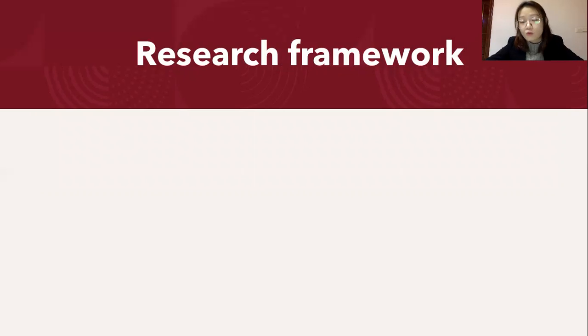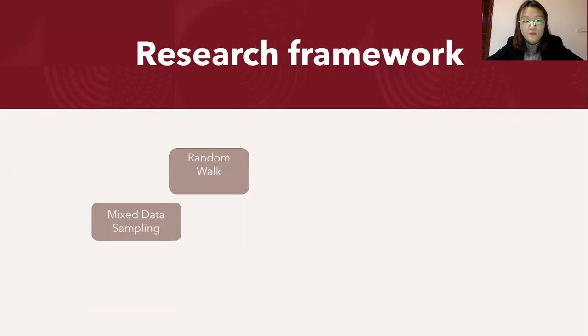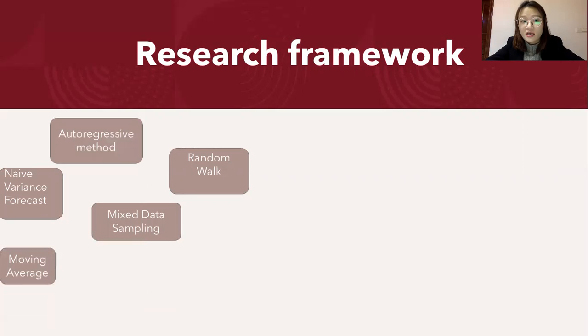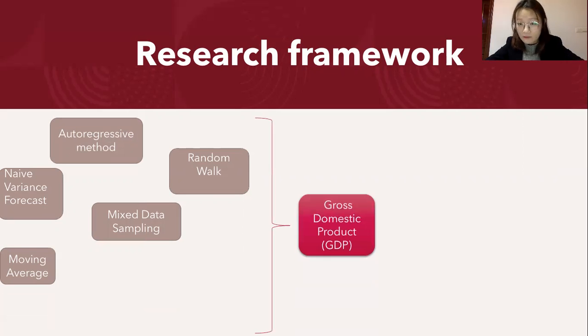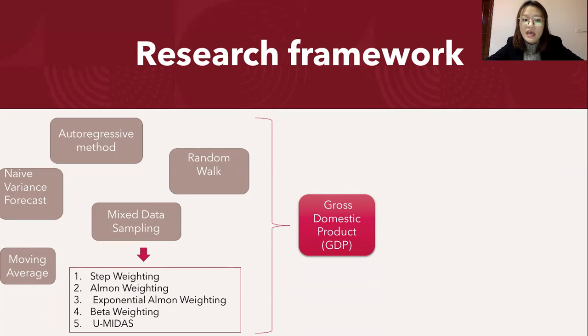Next is about the framework. In this research, I will use the random walk, mixed data sampling, naive variance forecast, moving average, and autoregressive models to forecast GDP. The mixed data sampling has 5 different weighting schemes: step weighting, Almon, exponential Almon, beta weighting, and U-MIDAS.